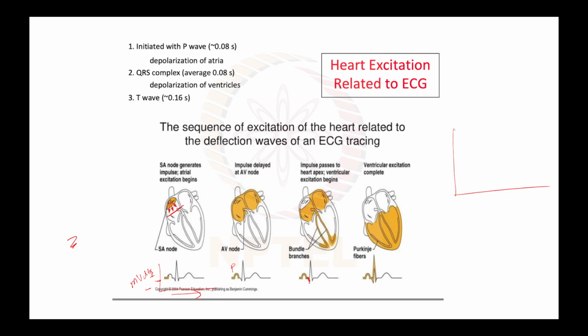And then you have this peak, which is referred to as the QRS complex, and here you can see that the entire pulse has spread throughout the heart, which shows the ventricular depolarization.